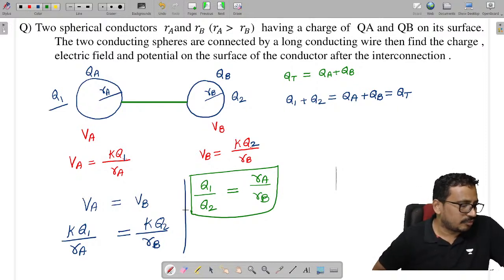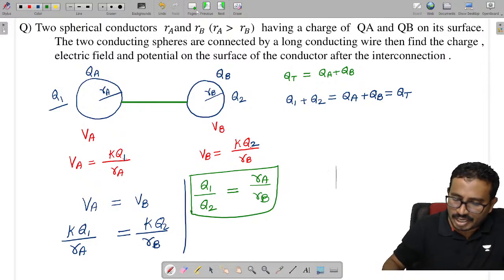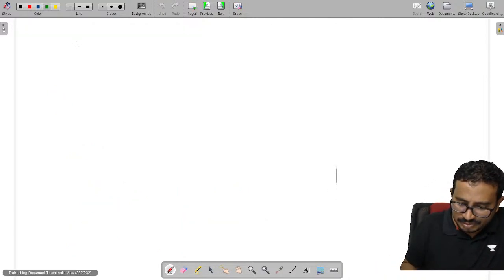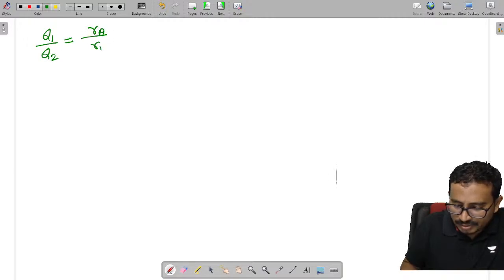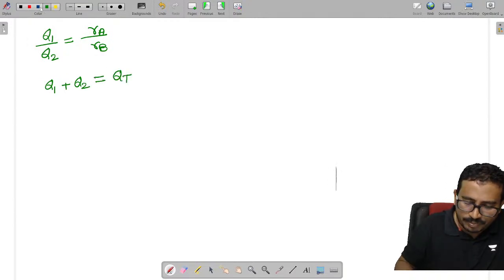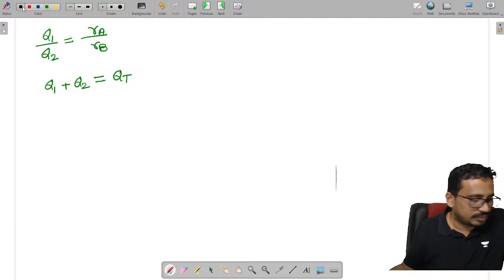If Q1 by Q2 is equal to RA by RB, and we know Q1 plus Q2 is equal to QT, can you apply the division rule?